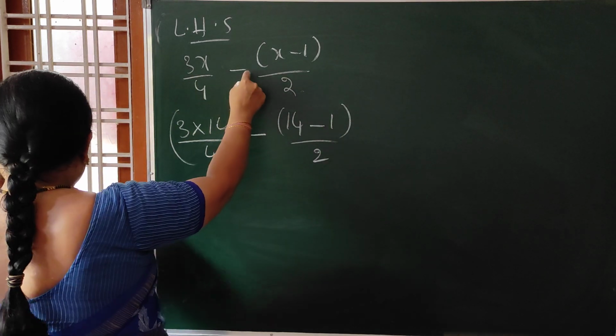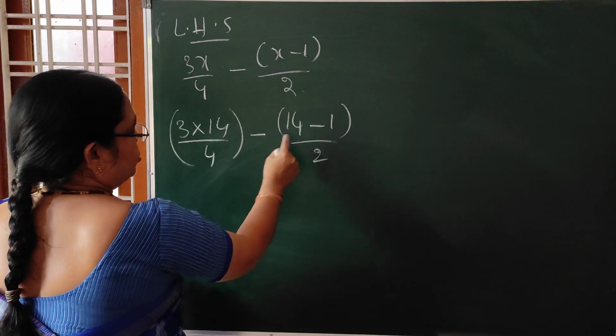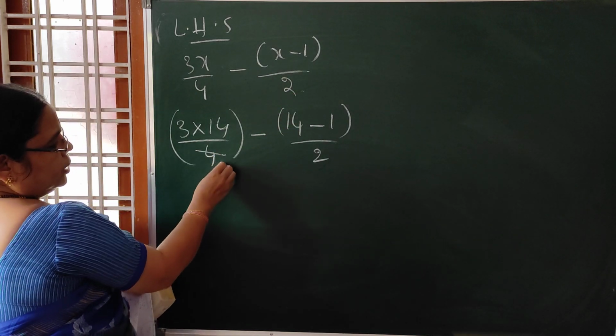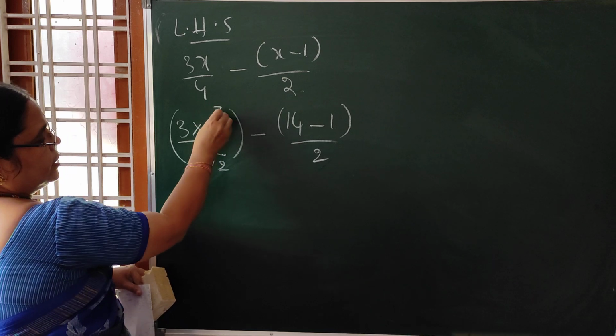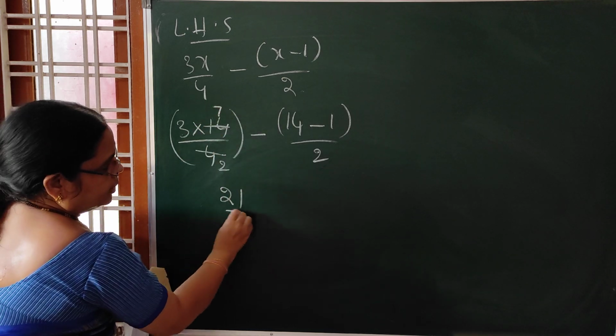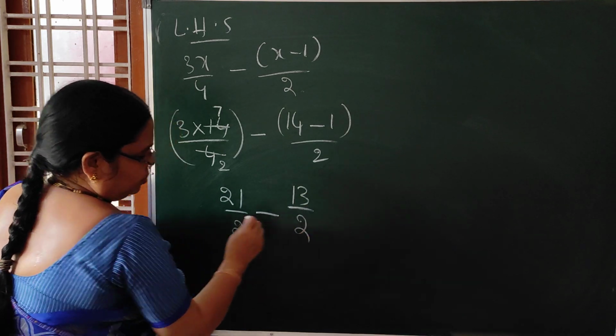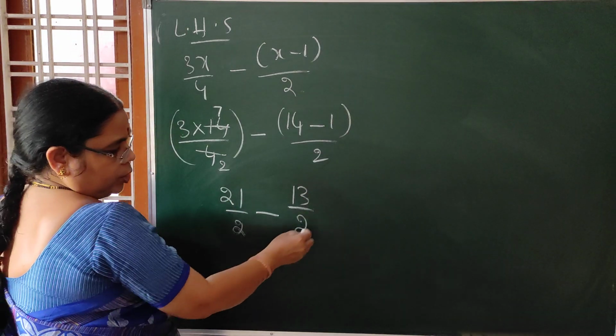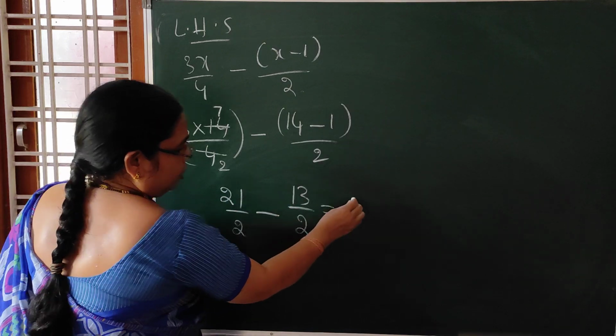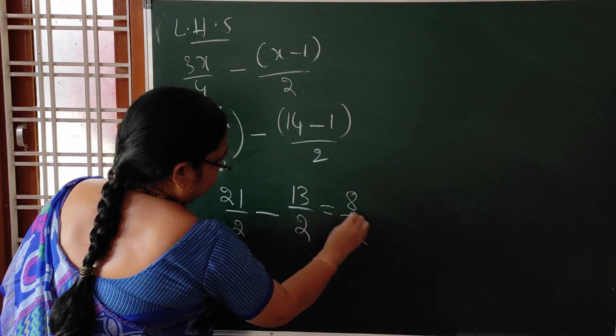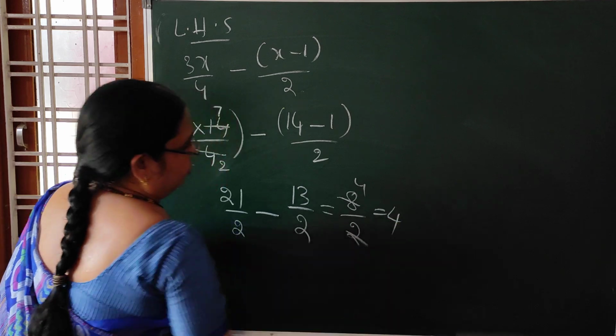So this is 2 2s are 2, 7s are 14. So 7 3s are 21 by 2 minus this is 13 by 2. 21, same denominator, so 21 minus 13 is how much? 8. 8 by 2 is equal to 4.